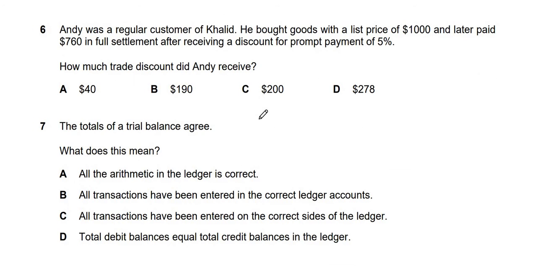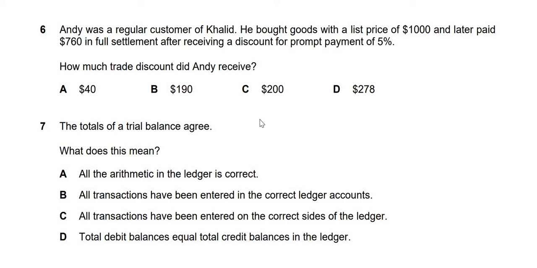Moving on to question number 6, it says Andy was a regular customer of Khalid. He bought goods with a list price of $1,000 and later paid $760 in full settlement after receiving a discount for prompt payment of 5%. How much trade discount did Andy receive? So first of all, let's find out the amount due before the cash discount.